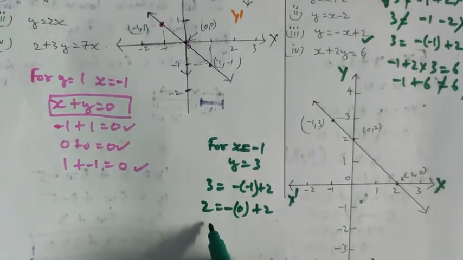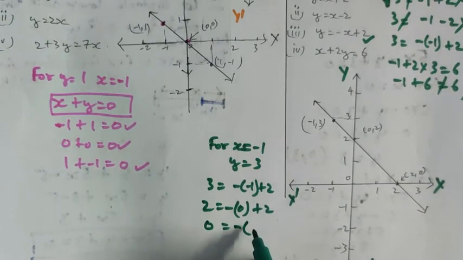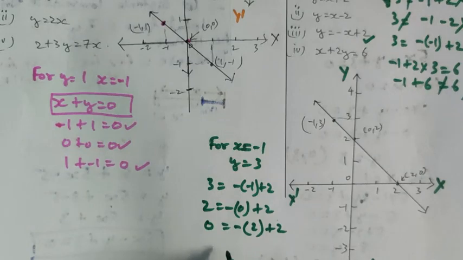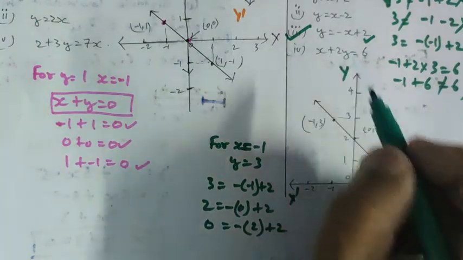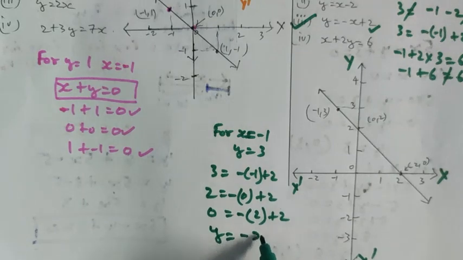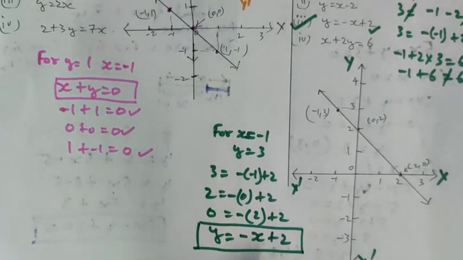Third coordinate, (2, 0): y equals 0 equals minus of 2 plus 2, that is minus 2 plus 2 equals 0. So all three are correct. The correct equation is y equals minus x plus 2. Got it?